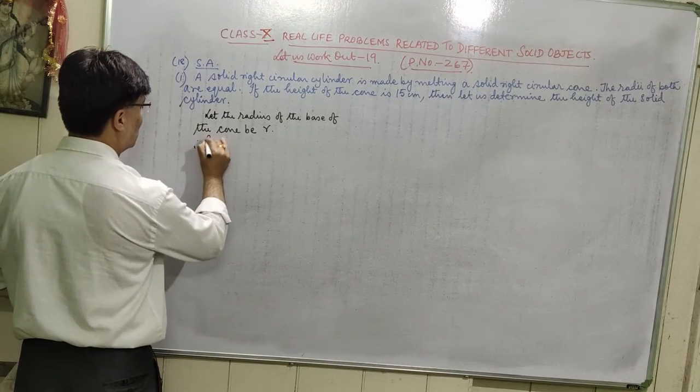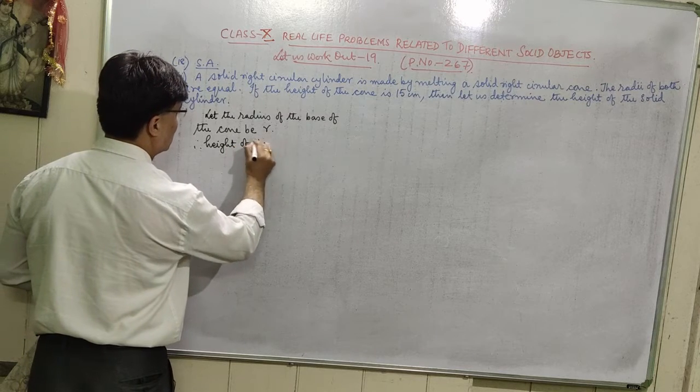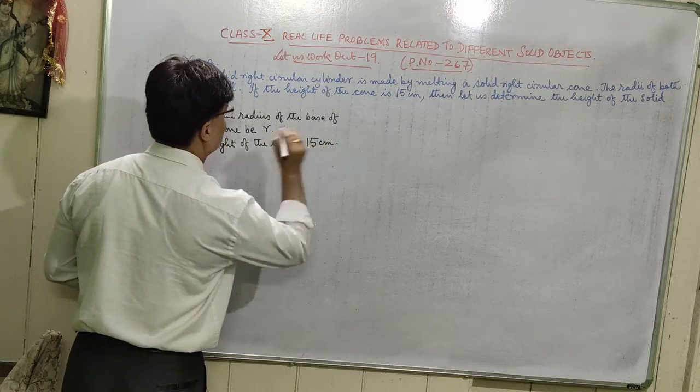What is the height of the cone? So height of the cone is equal to, it is given as 15 centimeter.